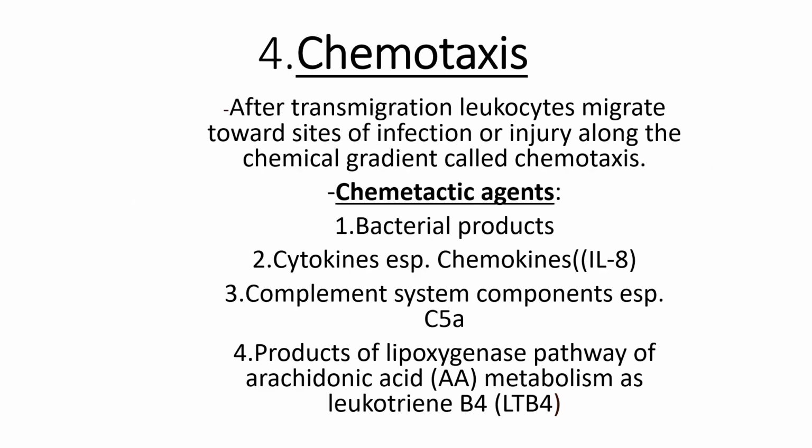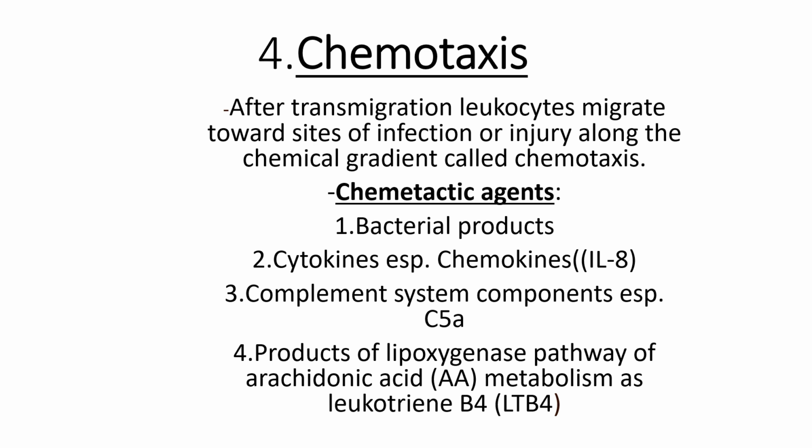The next cellular event is called chemotaxis. After transmigration of the leukocytes through the endothelium, the leukocyte will migrate to sites of injury by infection or necrosis, and this migration occurs along a chemical gradient, and the whole process is called chemotaxis. This chemotaxis is activated by chemotactic agents.